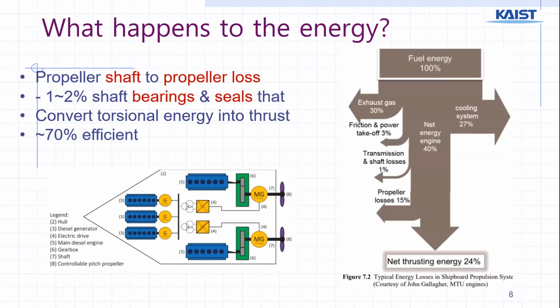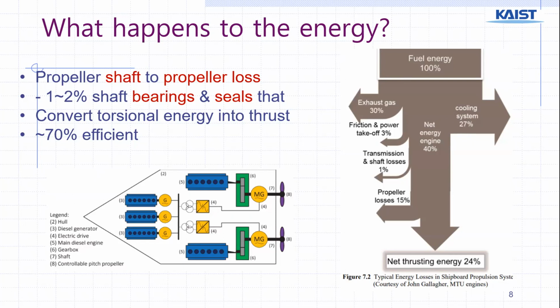Talking about where the energy is allocated, the starting point is the propeller shaft, and the end is trying to get to the propeller, and there's a loss of energy that occurs there. As you can see through the diagram, there are multiple points at which energy is lost, causing a decrease in efficiency, but generally about 1 to 2% goes to shaft bearings and seals that are focused on keeping water from seeping in.